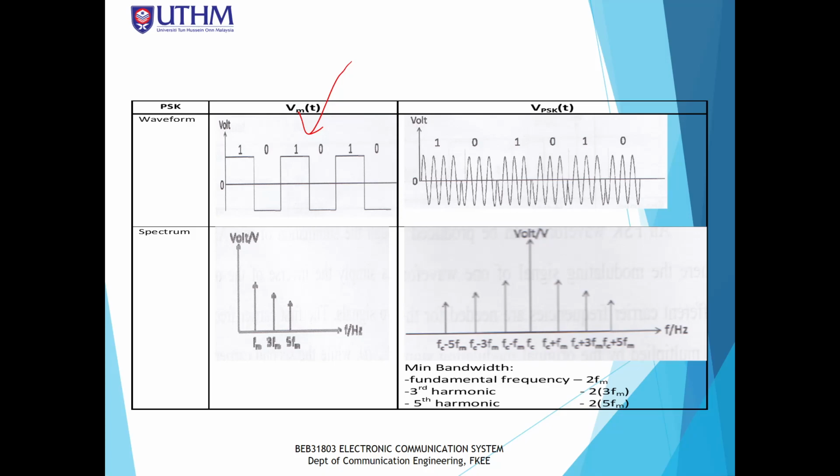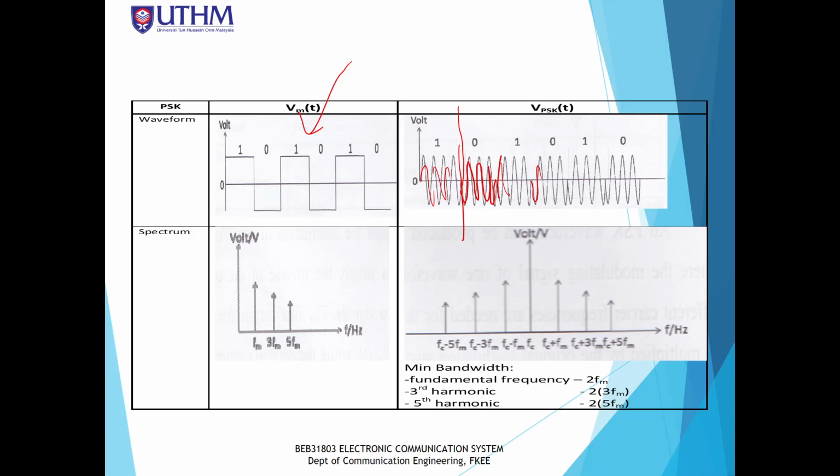So you see that here, input logic 1 will produce positive sign, okay, and input logic 0 will produce negative sign. Input logic 1 will produce positive sign, input logic 0 will produce negative sign, and so on, dan seterusnya.